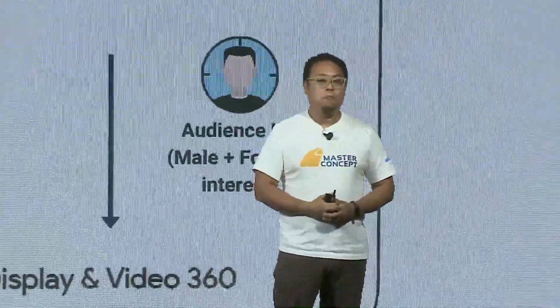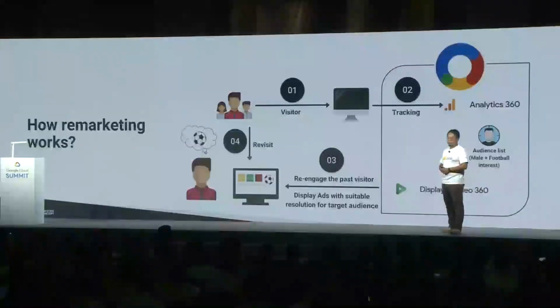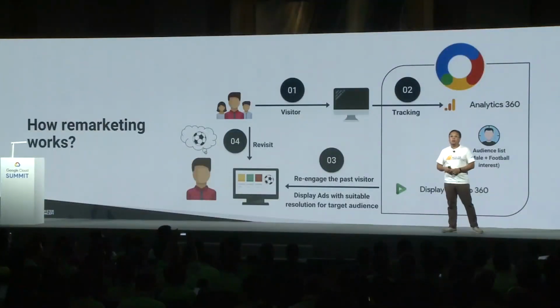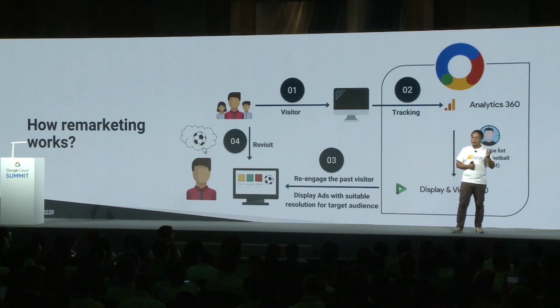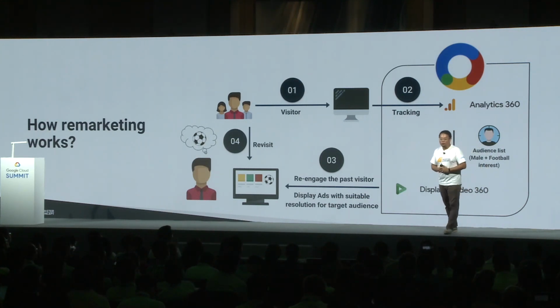So let's go into more depth. This is the architecture that we think how remarketing can work. So for example, a visitor coming to a World Cup news site online, and the web traffic can be captured by Google Analytics 360. And with the integration of Display and Video 360, the system has already detected the target audience will be male, mostly, still in Hong Kong, who loves to read football news.